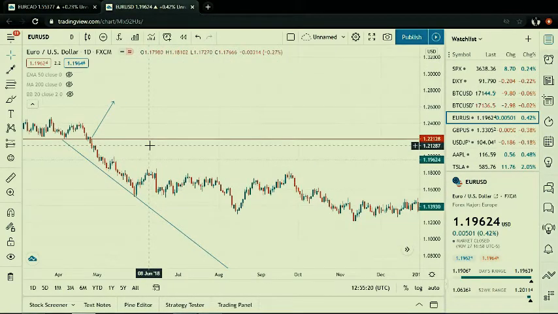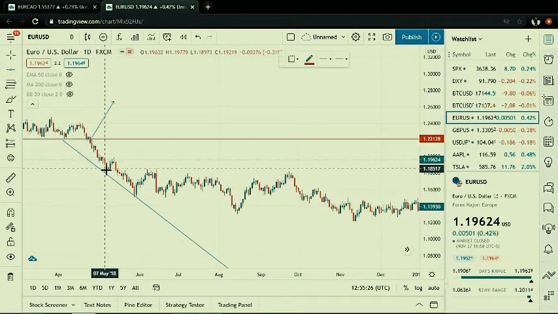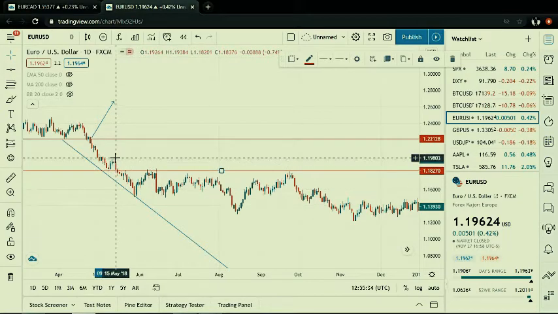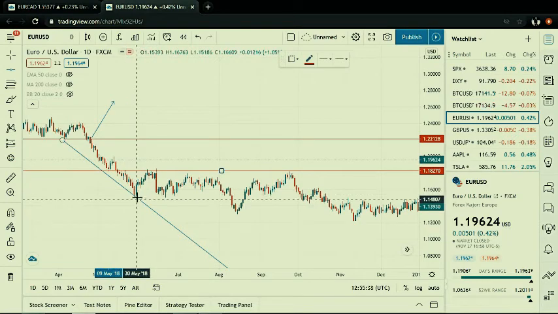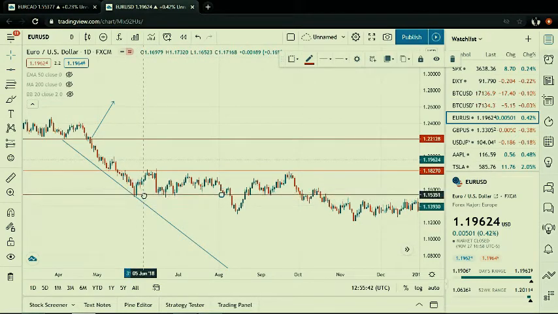So like I did for the highs, for the lows: when it came down to this point, this was a lower low, and then it went up. And then it retraced again to this point, and then it went up.